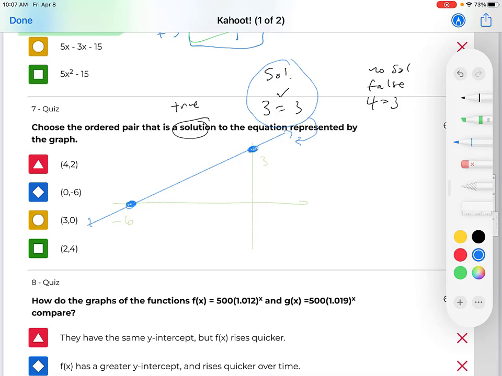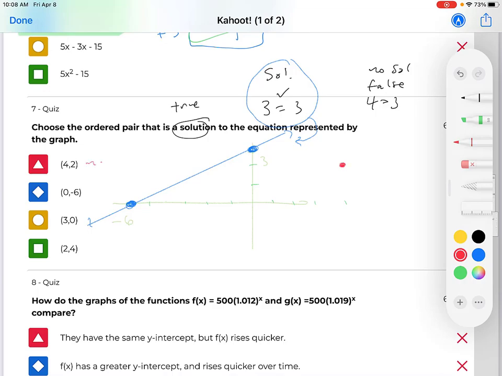Okay, so let's draw a little bit more tick marks. -1, -2, -3, -4, -5. Okay, so this red one here, (4, 2), would be something like right here. Is that on the line?